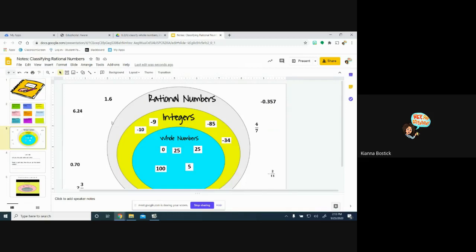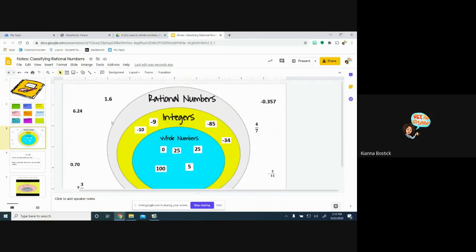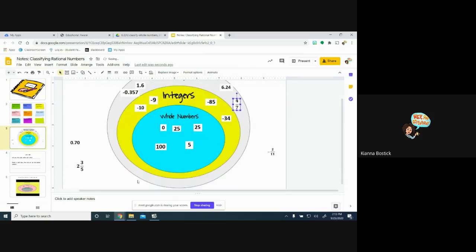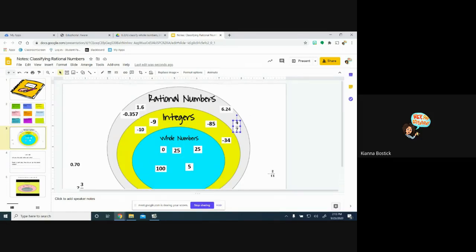All right, and then moving on to rational numbers. So any positive or negative decimals or fractions would be in the rational numbers section. So we have our decimals, we have a negative decimal, we have a fraction, okay? And then you guys can go ahead and move the rest into our gray section. So remember, our whole numbers are also rational numbers.